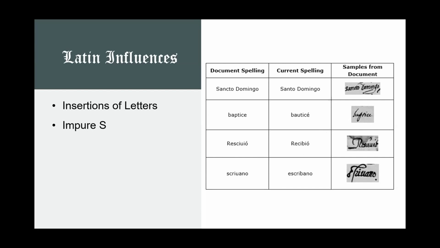And then along with that, we have what's called impure S. So in Latin, the structure allowed for a consonant cluster, or a group of consonants, to be at the start of a word. For example, if we look at the last example, we have scribano. The combination of SCR, that cluster of consonants, was possible with the rules of Latin. But as Vulgar Latin became Spanish, that stopped being a possibility.